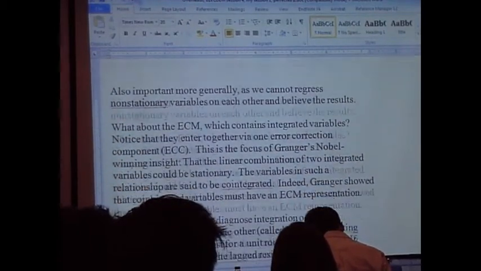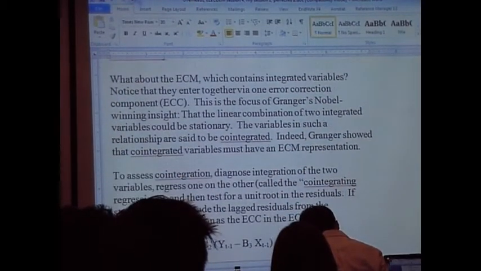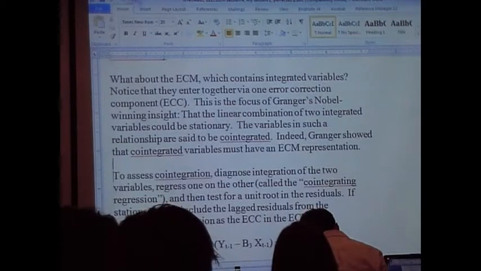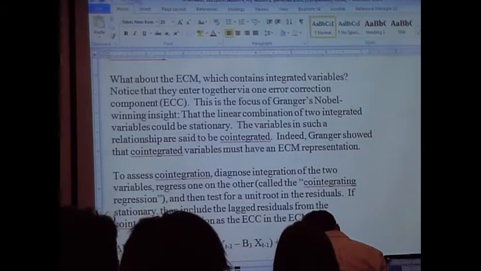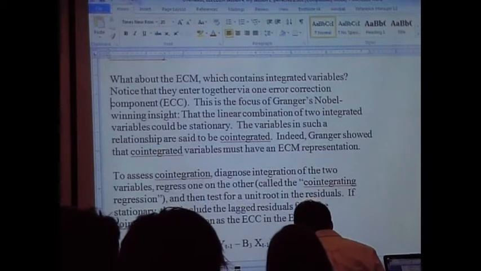Also remember we have this non-stationarity regression problem. What about the error correction model that contains integrated variables, unit root variables?